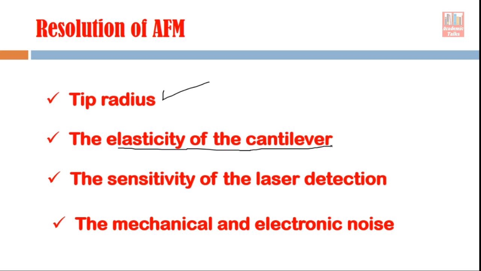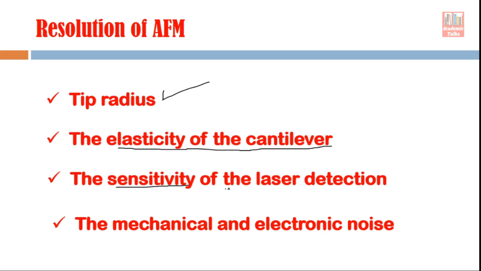It means the smallest features present on the sample surface can be detected more easily if the cantilever material is highly elastic. So that way the elasticity of the cantilever is very useful in improving the resolution of the AFM.